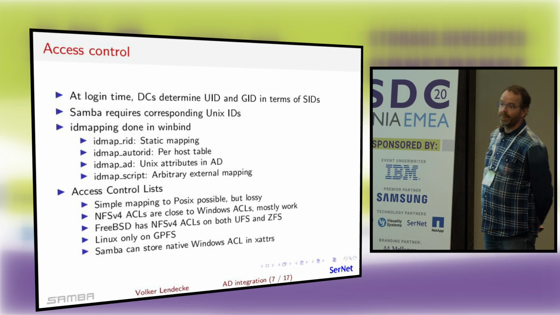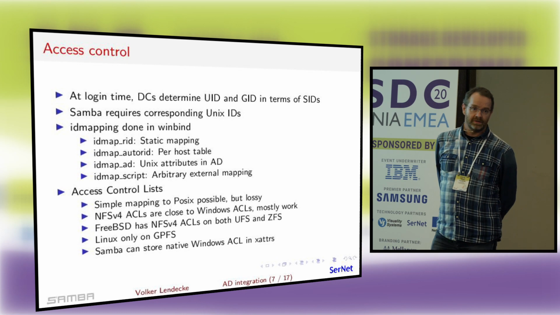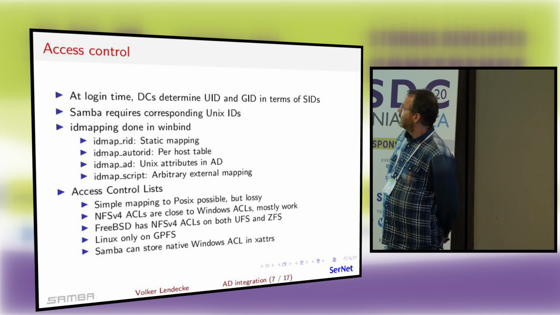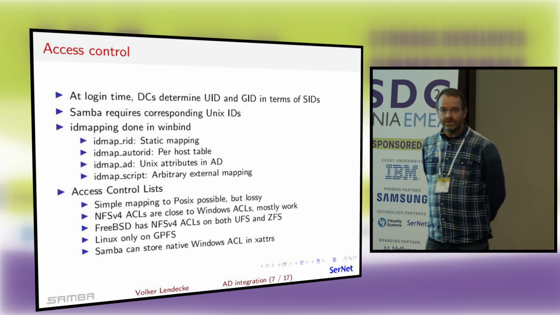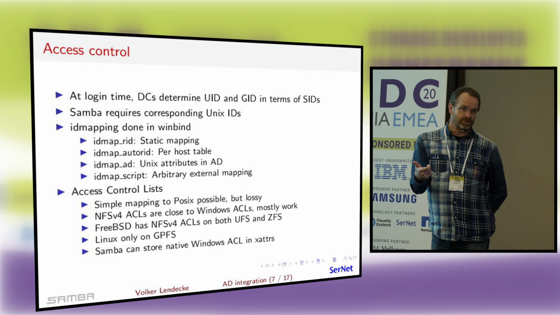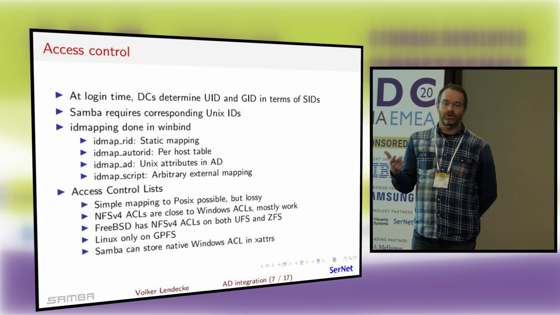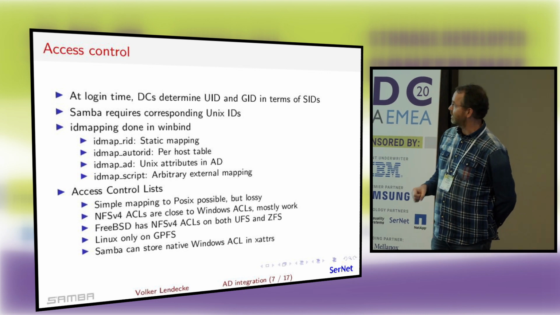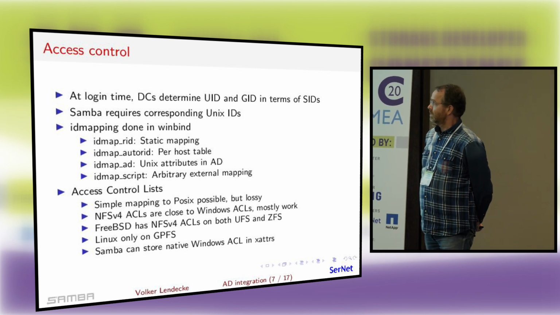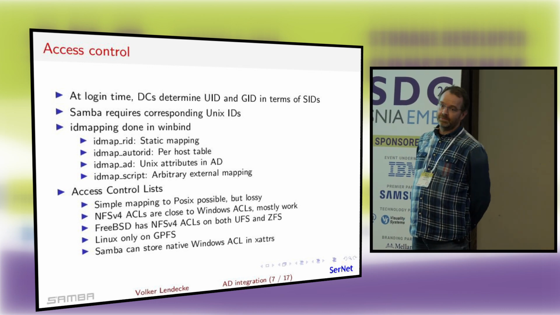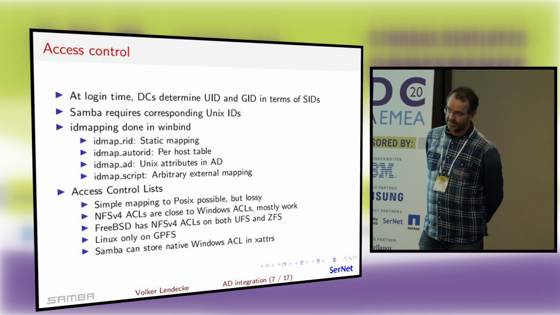So access control. User logs into your box, or via SMB, or SMBD, or whatever. And what the domain controller tells you is user ID and list of group IDs in a format that Windows defines, namely security identifiers. And security identifiers are essentially 128-bit UIDs and GIDs.